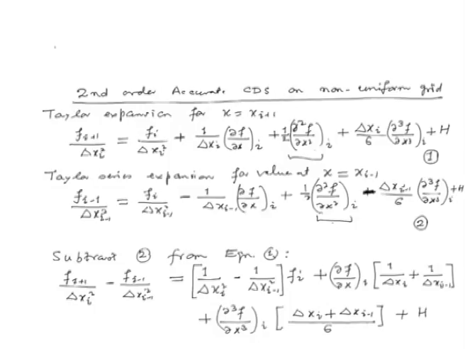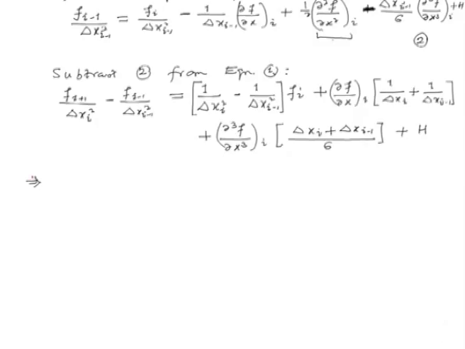Now let us simplify the terms a little bit. So on the left hand side we will have f_{i+1} delta x_{i-1} squared minus f_{i-1} delta x_i squared divided by delta x_i squared delta x_{i-1} squared.